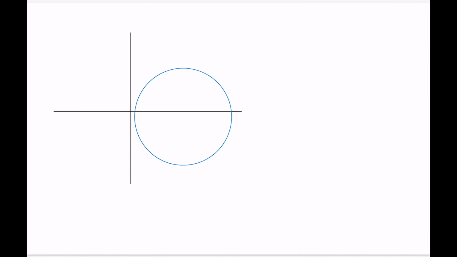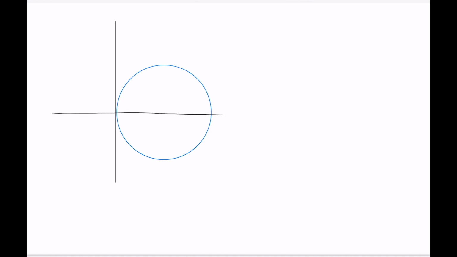That's not great. We can do better. Let's try one more time. Here we go. You know what's the easier way to go? Let's draw our circle first, and then let's draw our axes. There we go.